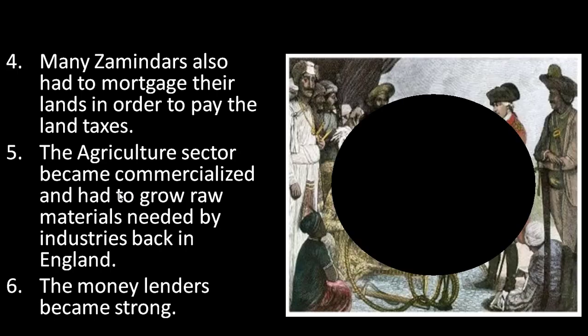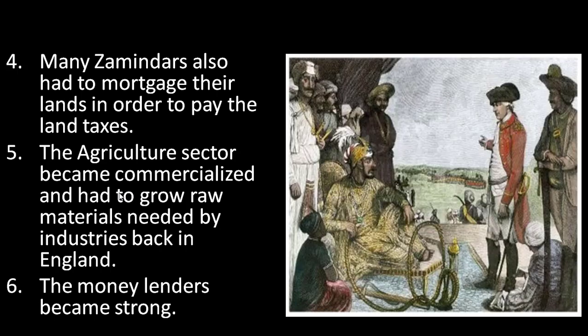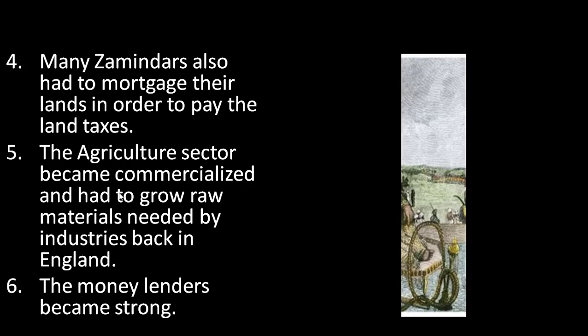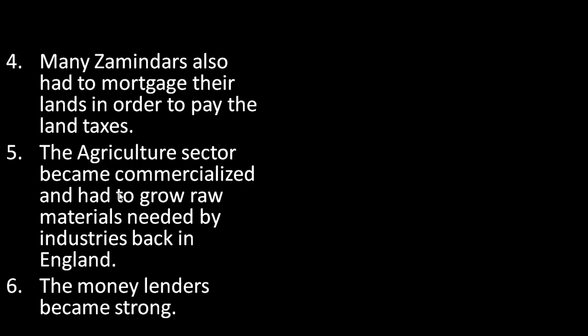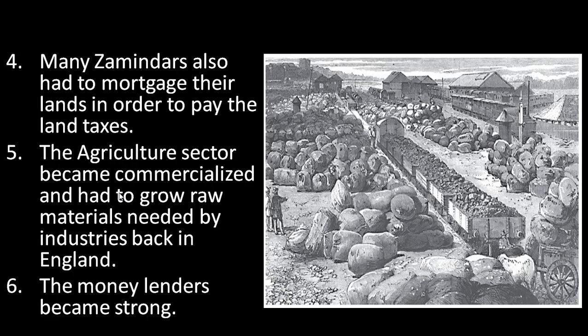And the fourth one, many zamindars had to mortgage their lands in order to pay the land taxes. And the fifth one, the agricultural sector became commercialized and had to grow raw materials needed by the industries back in England.